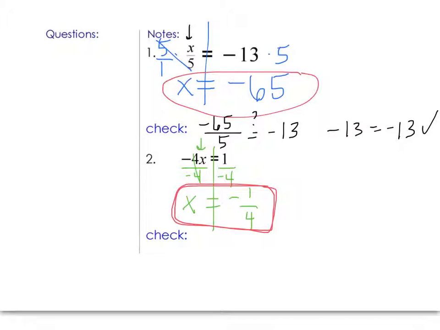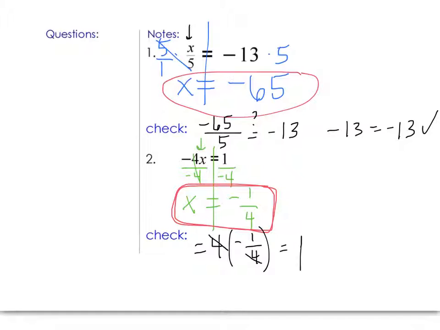That works. Well, if I check it, because it's always good to check your work, negative 4 times x, well, what's x? It's negative 1/4, equals 1. Negative 4 can cross off with the negative 1/4.